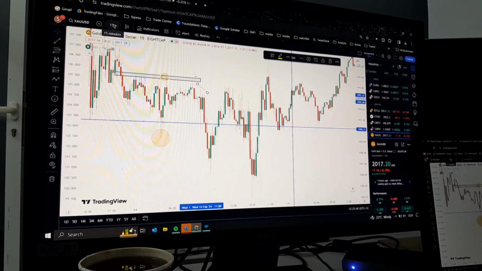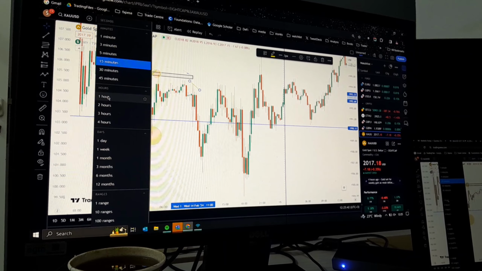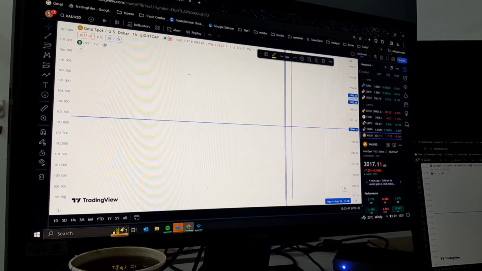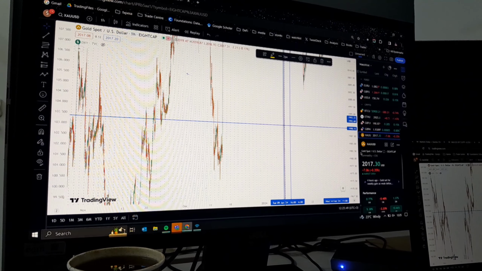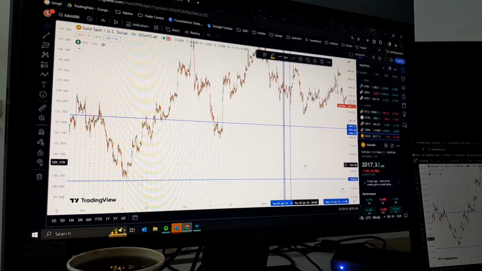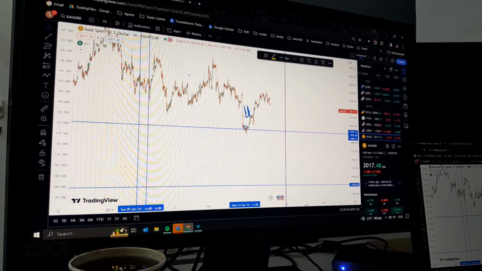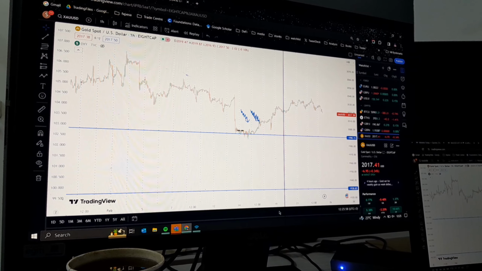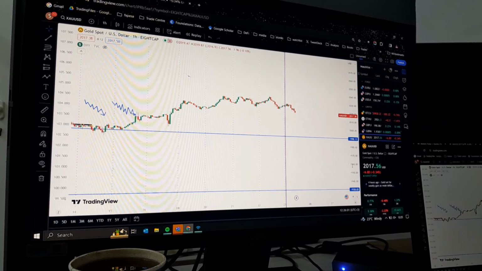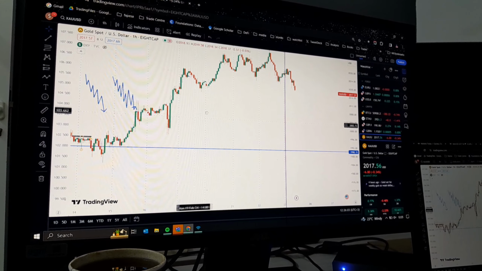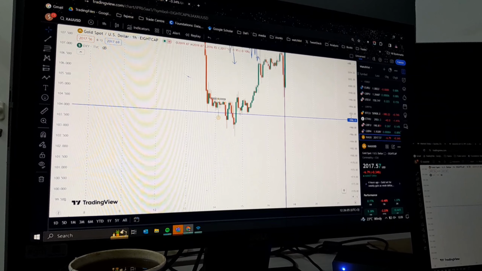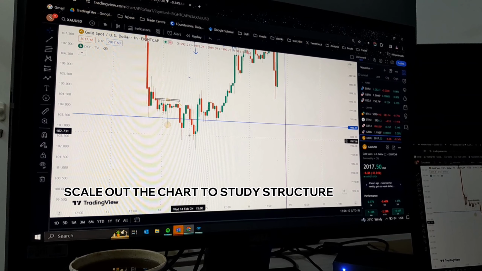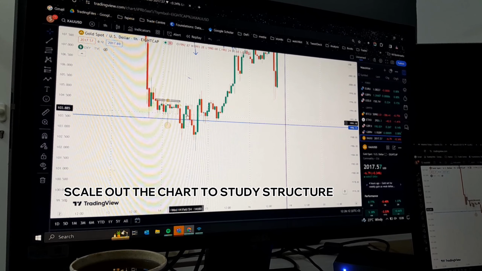We go to the 1 hour. We find a rejection at this red candle.